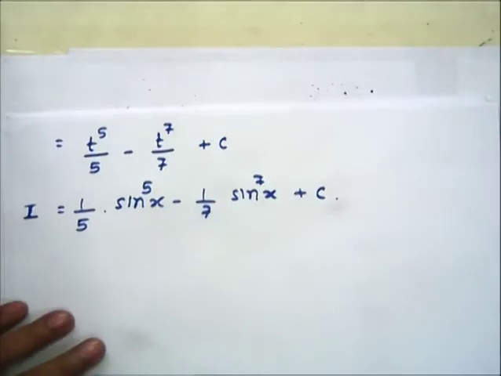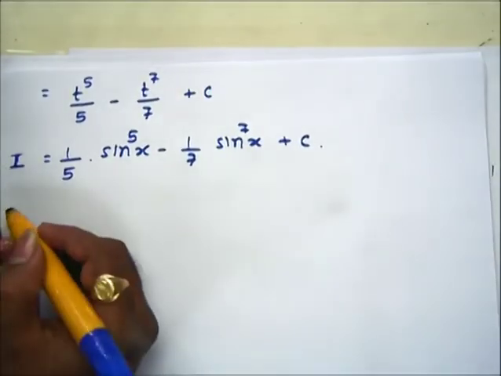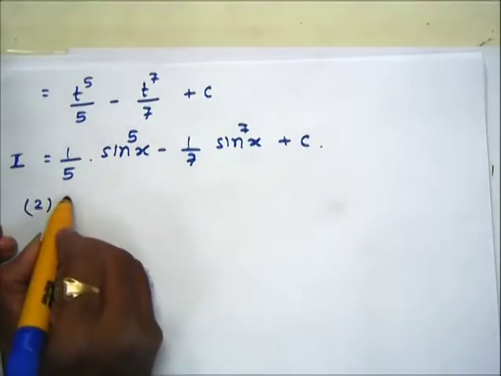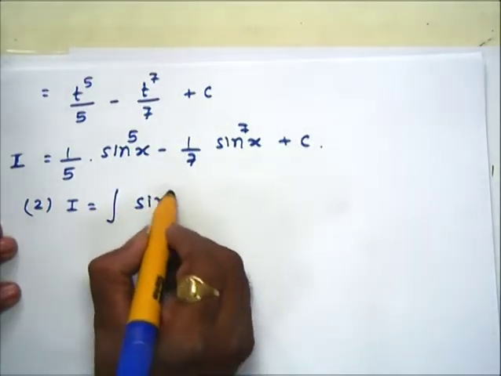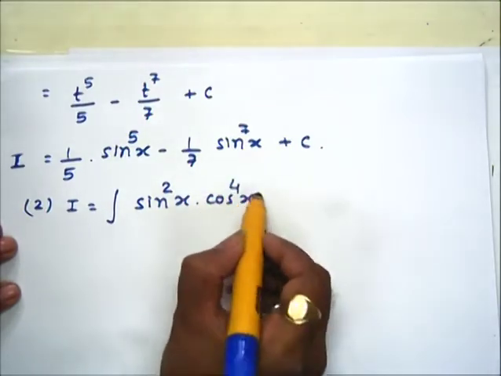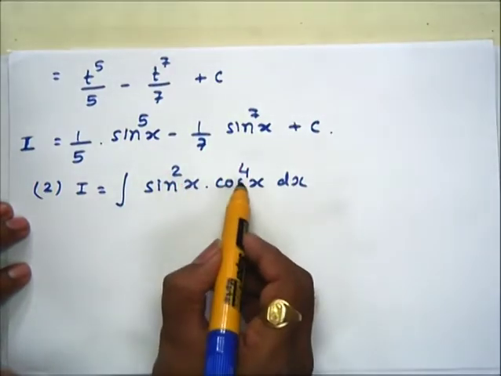Now let's understand one more example, if both are even. I equal to integration sin square x into cos raised to 4x dx. See here, both are even.